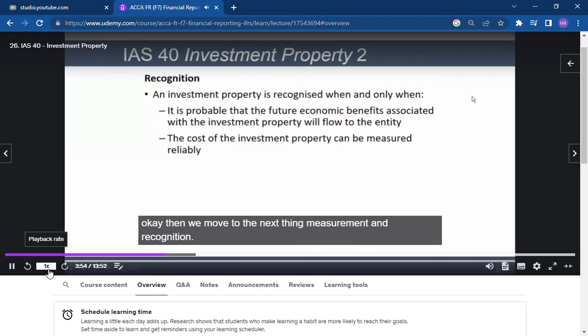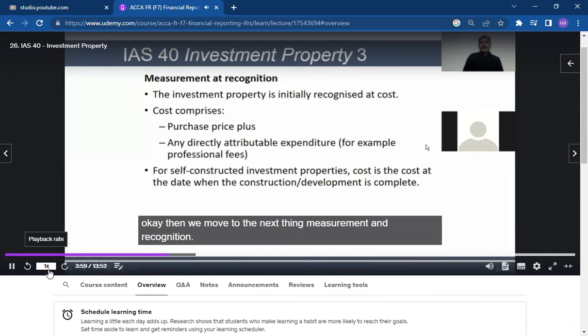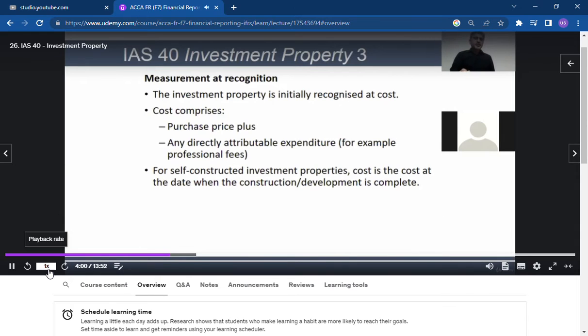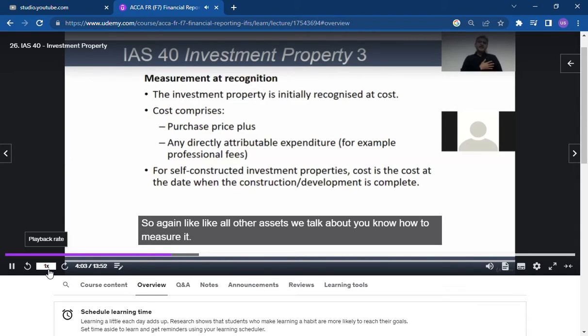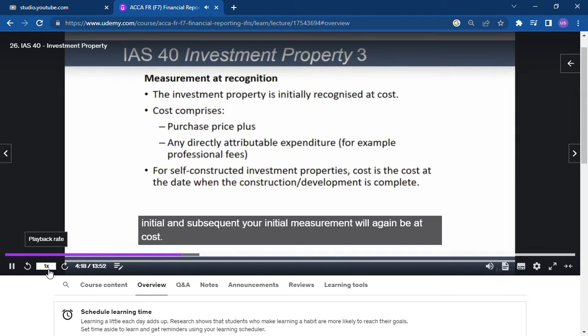Okay. Then we move to the next thing. Measurement at recognition. So again, like all other assets, we talk about how to measure it. You've got two types of measurement, initial and subsequent. Your initial measurement will again be at cost, just like in IAS 16, the cost model, which means whatever you spend until it is ready for use.